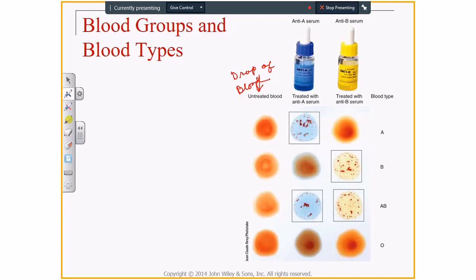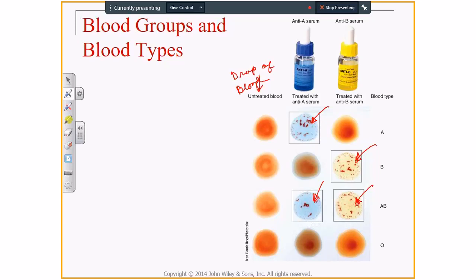If you treat it with anti-serum A, this is what we mean by clumping, or agglutination. Here, and here, and here, and here. Because anti-A is going to clump with A, etc.